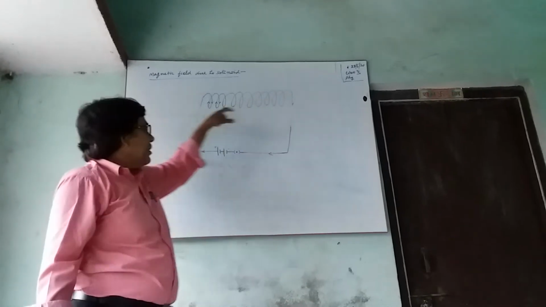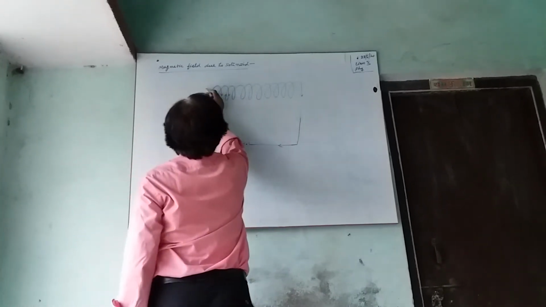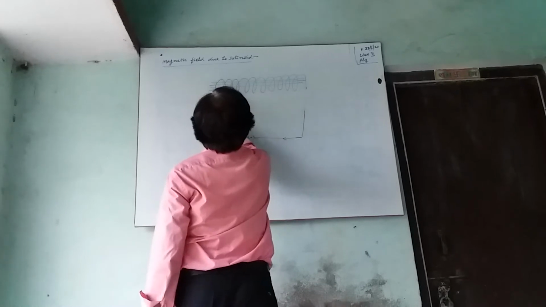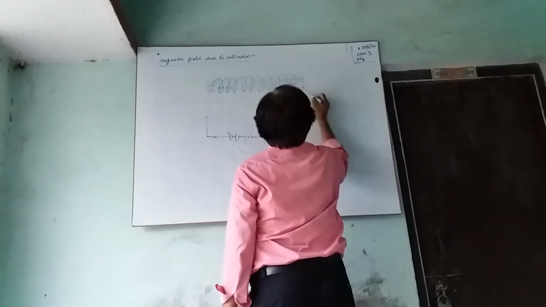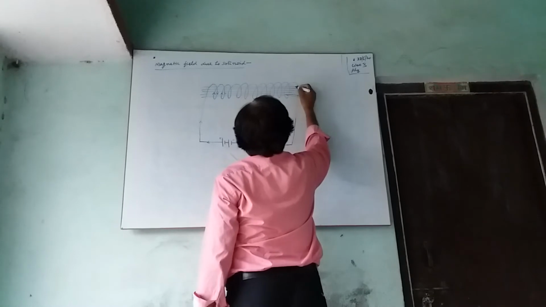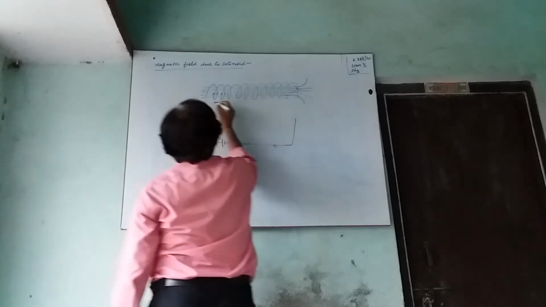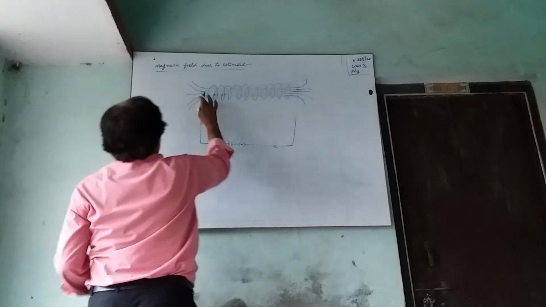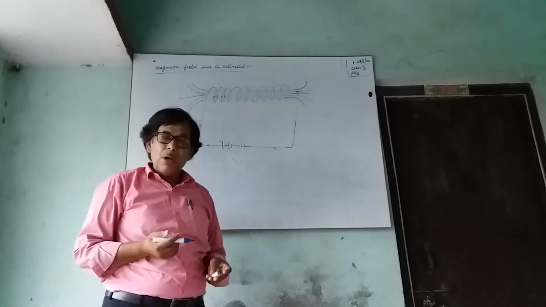A solenoid behaves like a bar magnet, having a north pole and a south pole.